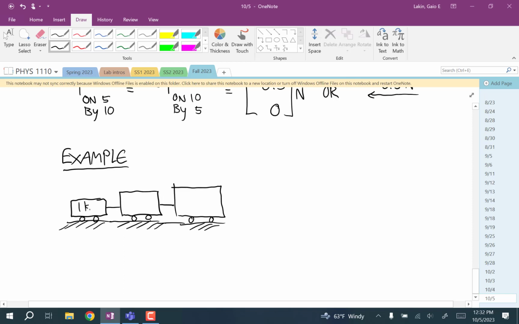Let's say this is 1 kilogram, 2 kilograms, and 3 kilograms.